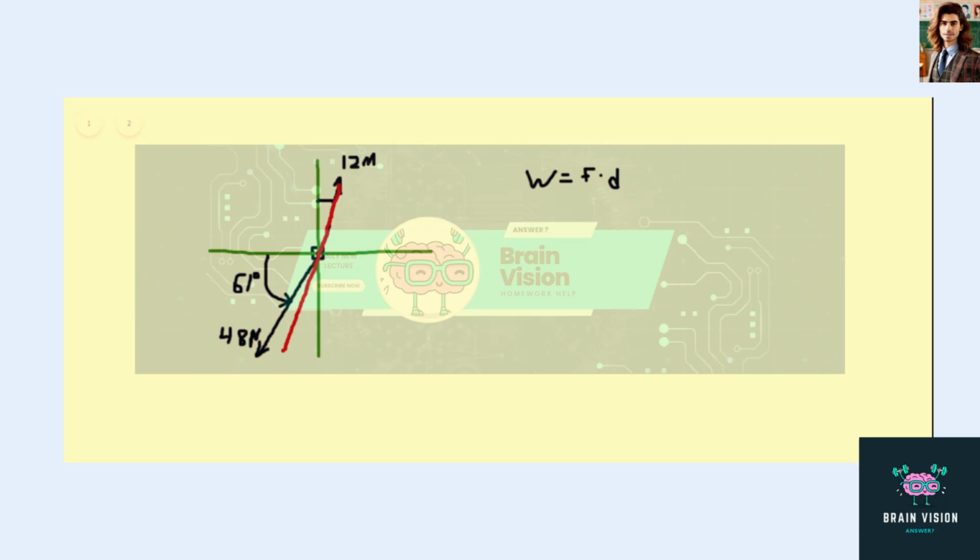And then we can draw a right angle from here to here, and we can define an angle theta over here. Then this component of the force from there to there is equal to 48 newtons times the cosine of theta. So that's 48 cos theta.